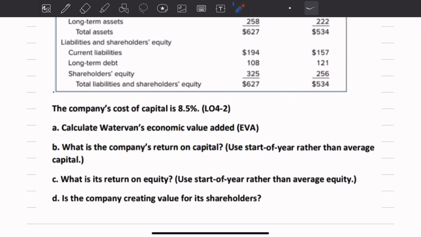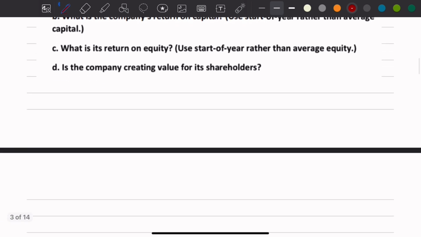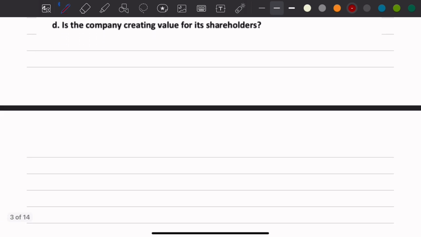The first requirement says, A, calculate Watervan's economic value added. So let's do that. For the economic value added, we also need to remember our formula.